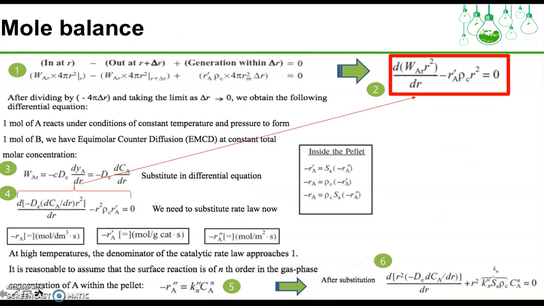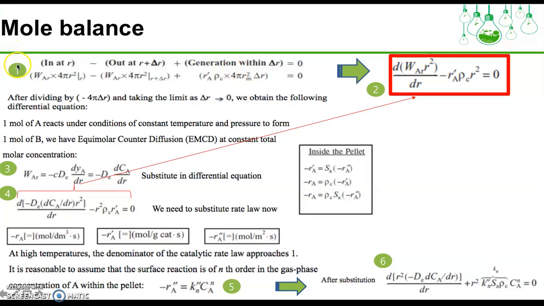So we do the mass balance: in minus out plus generation equals accumulation, and accumulation is 0. The in at r terms are the equations we took from the previous slide, and generation is also taken from the previous slide.